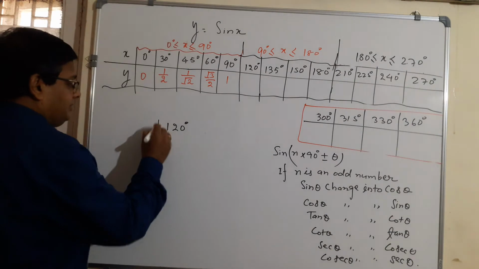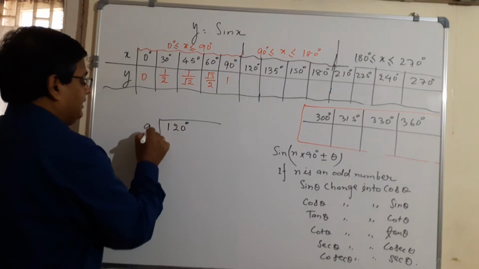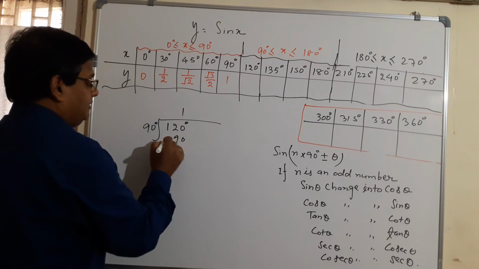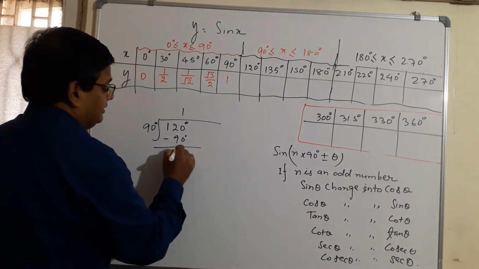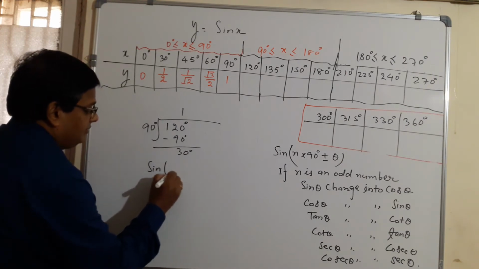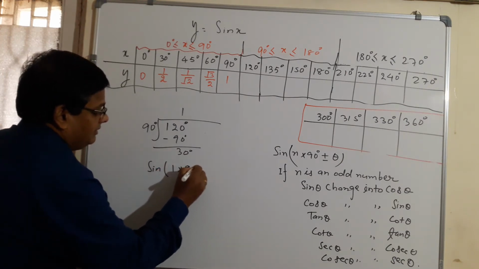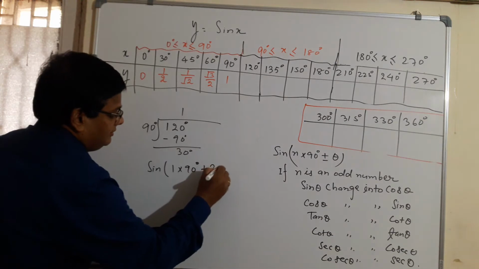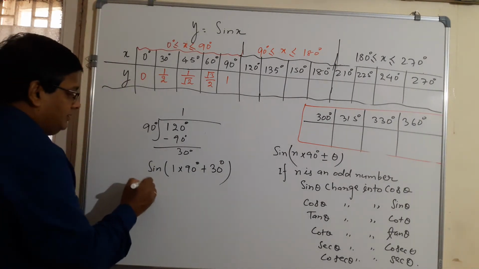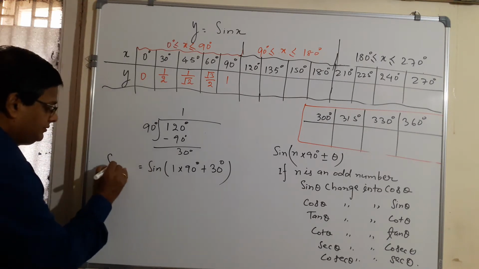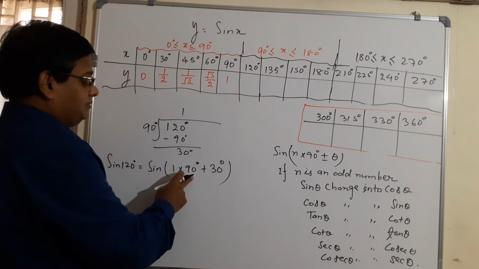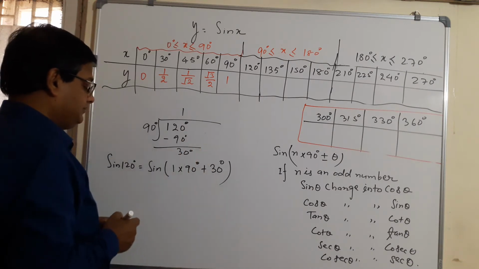So 120 degree divided by 90, here will be 1 times 90, and here remains 30 degree. So we can write sine 120 degree like this: sine of 1 into 90 plus 30 degree.